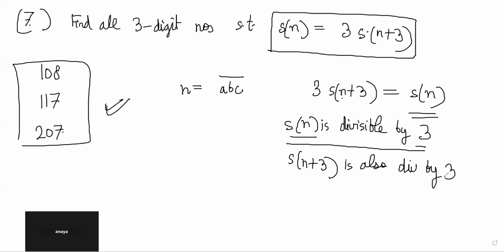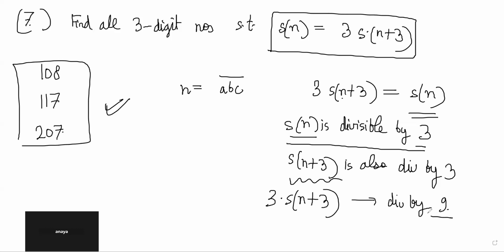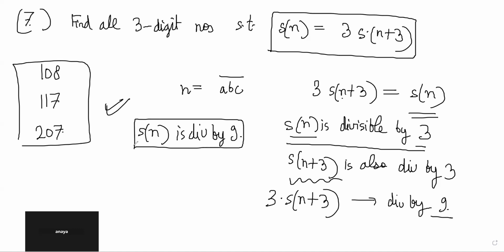So then if S of n plus 3 is also divisible by 3, then technically 3 times S of n plus 3 is divisible by 9. Do you understand what I'm saying? So we are getting that S of n is divisible by 9.